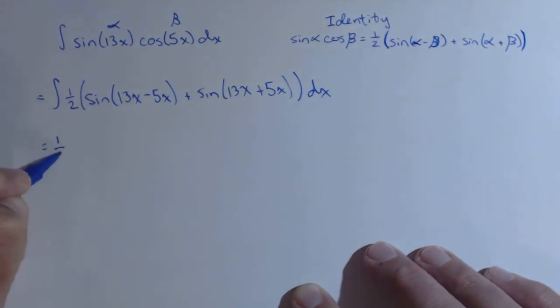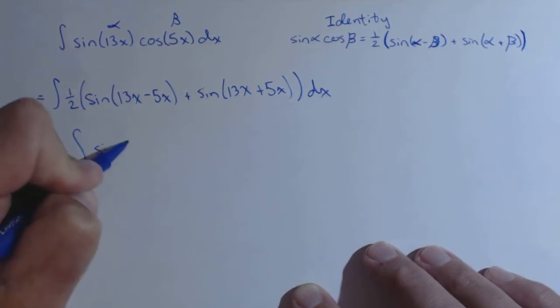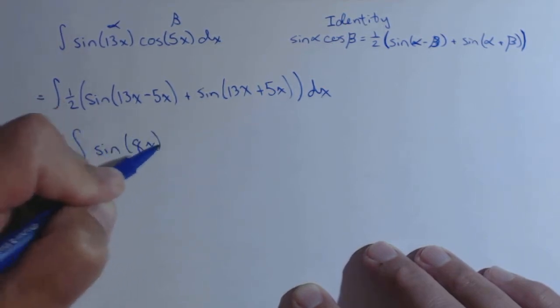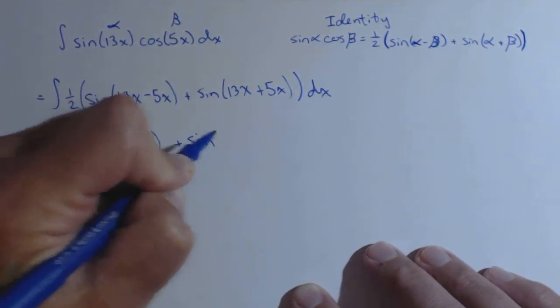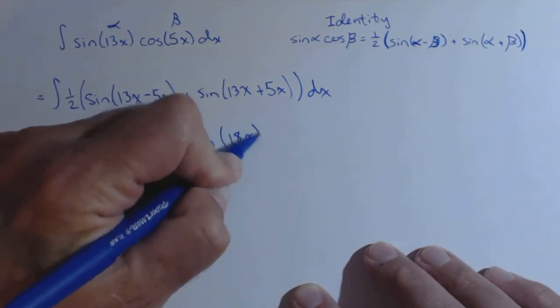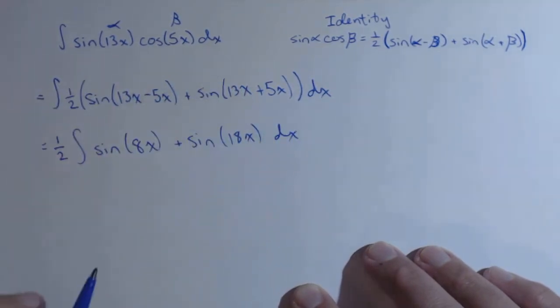I'm going to go ahead and pull out the 1/2 in front of my integral, and I get sine of 8x plus sine of 18x dx.